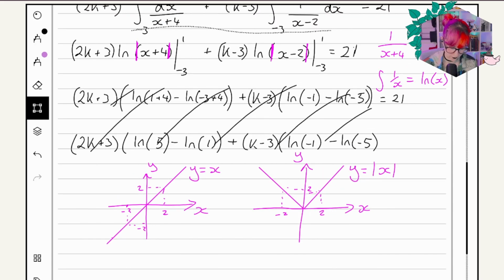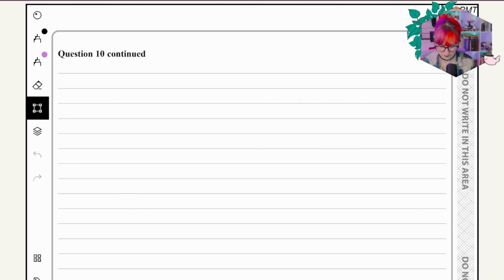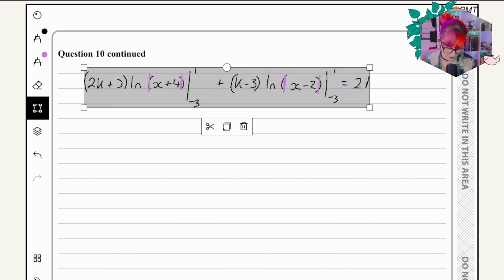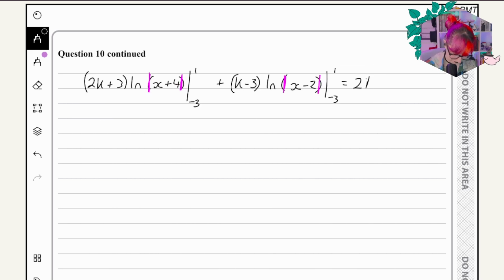And take this bit over to a cleaner page. Okay, so evaluating them with moduli, we get 2k plus 3. That one stays in its normal brackets.